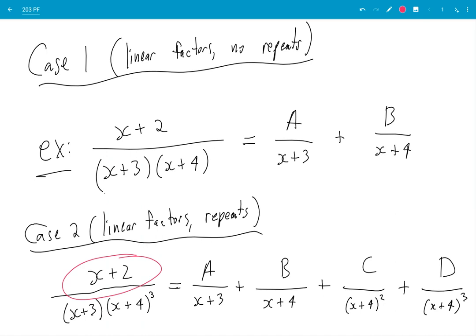Likewise here, degree is 1, on the bottom degree is 4. Okay, so that is not a coincidence, that is a requirement for these algebraic facts here. So to use these decompositions, the degree on top must be strictly smaller than the degree on the bottom.